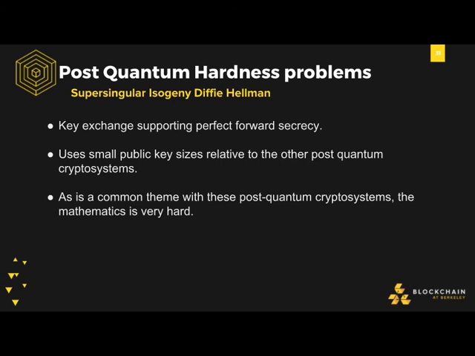But then assuming they don't store everything on their side, if the government cracks their public key, they can't figure out our old communications. Our old communications were still secure even if the government or anyone had them stored, which is a very nice thing. And the public keys for this are small relative to other post-quantum systems. The math is insanely complicated.